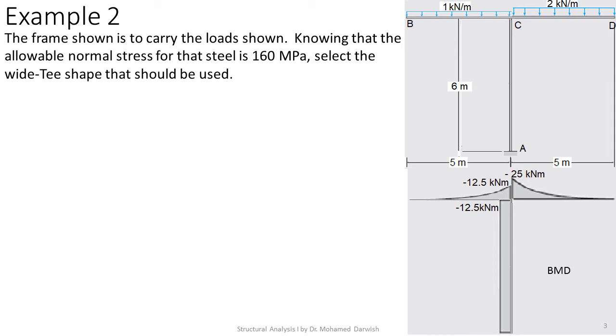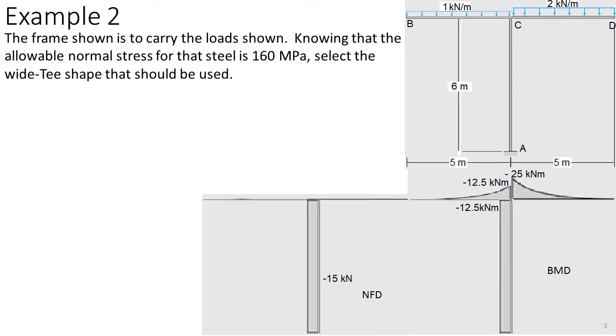If we take a section just to the left of C, we will see 1 times 5 times 2.5, so this is negative 12.5 kilonewton meter. The difference between them will be shown as a bending moment in the column AC, which will be minus 12.5 kilonewton meter.